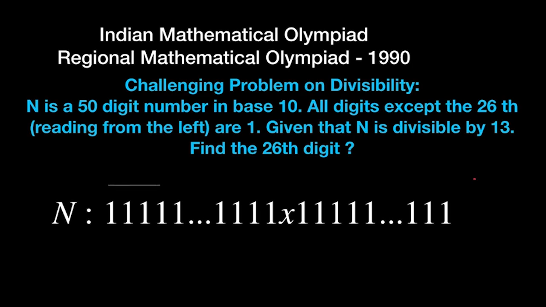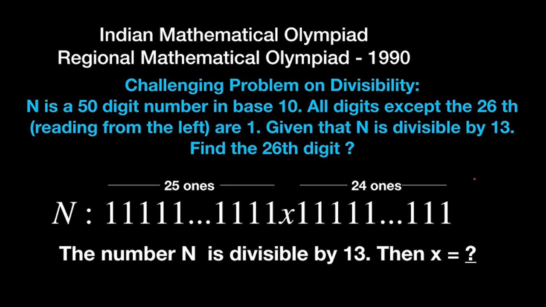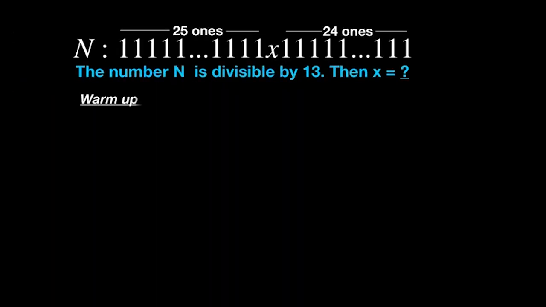Before the unknown digit there are 25 ones, and after it there are 24 ones. So this is the number, and it is given that the number is divisible by 13, and we have to find the value of x. So we just have to warm up.